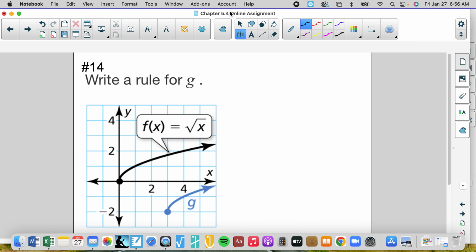So horizontally, let's do G of x. Whatever we see inside and whatever we see outside is going to affect the shape, the shift, or the transformation of that graph. Inside is going to be the horizontal.